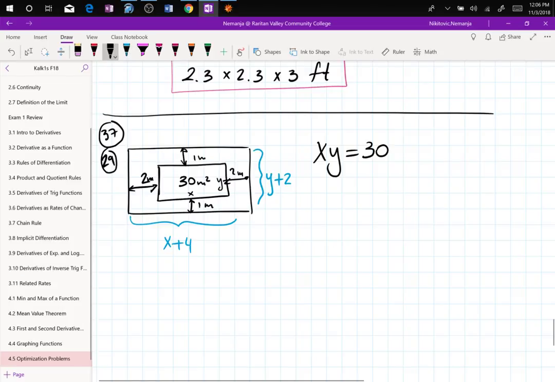So now I know that I want to minimize the total area. So that's going to be x plus 4 times y plus 2 needs to be minimum. Do we all see that?